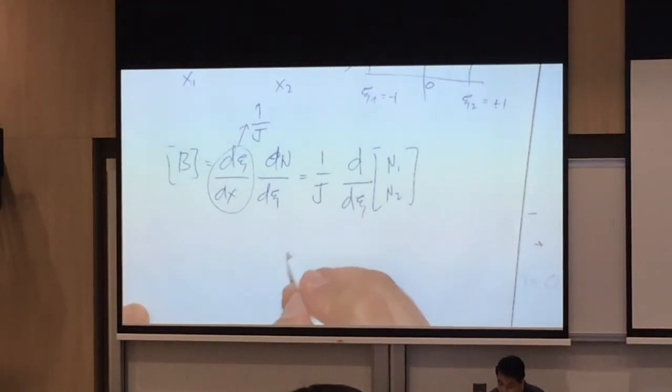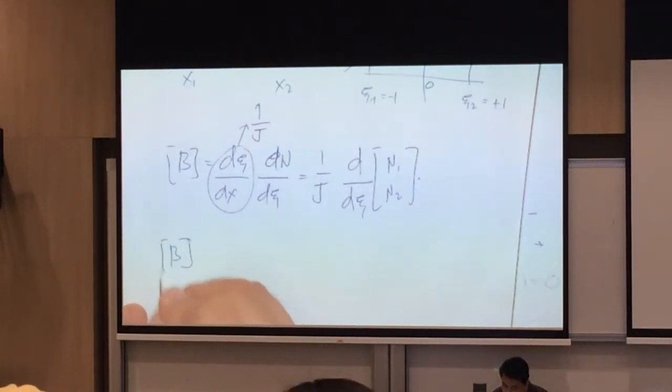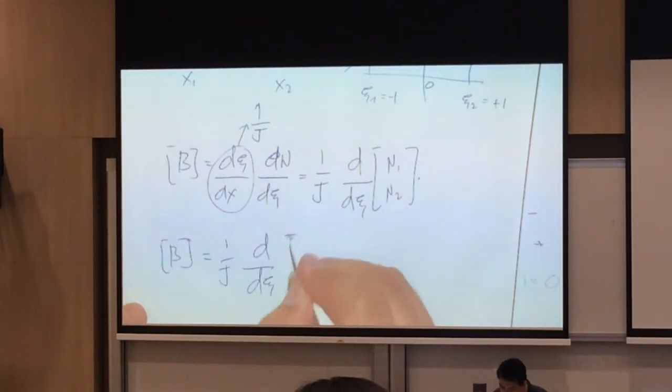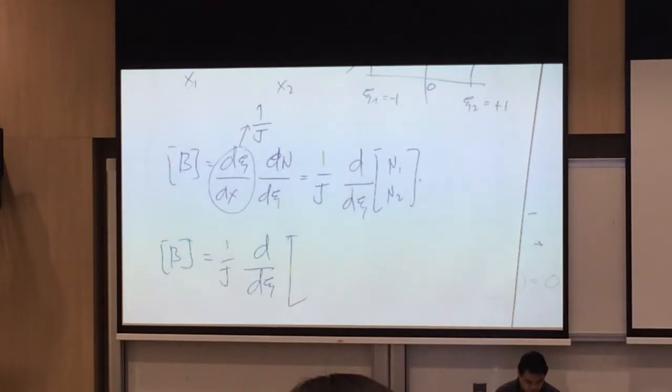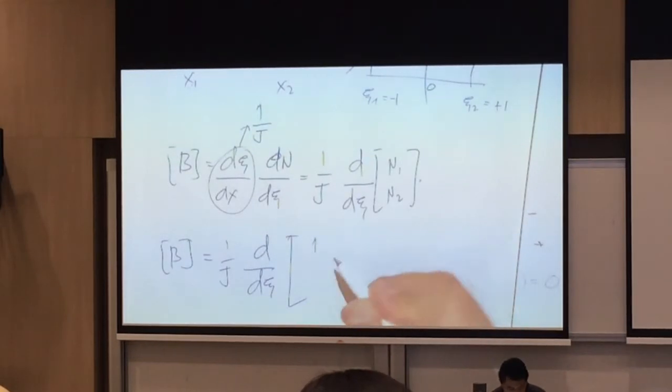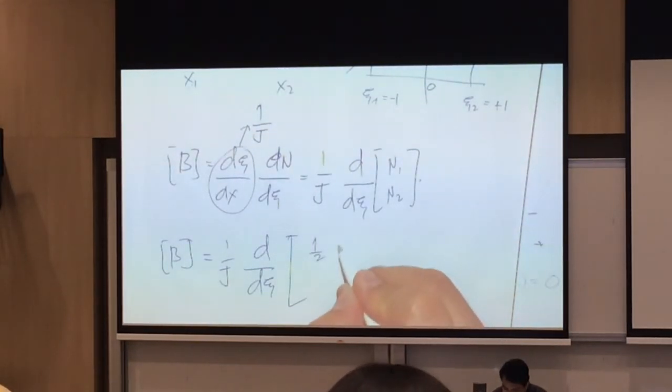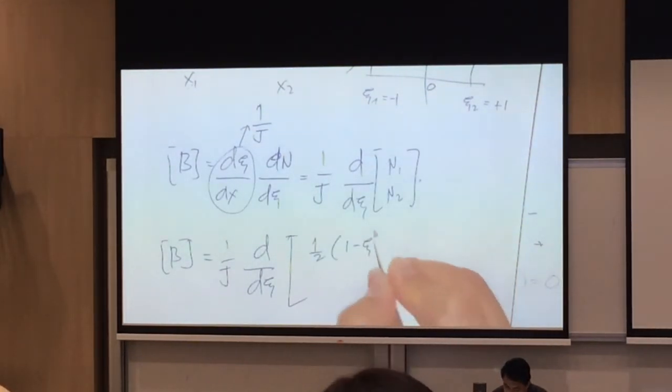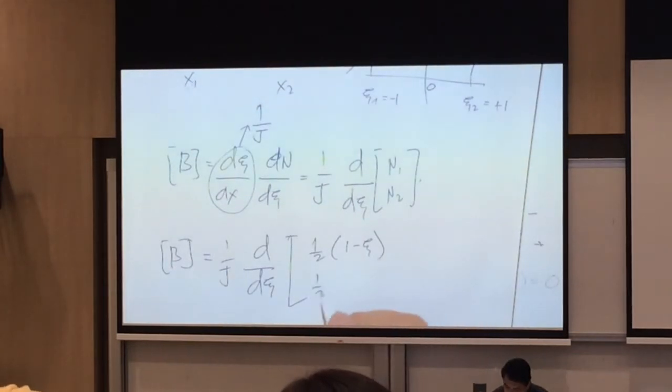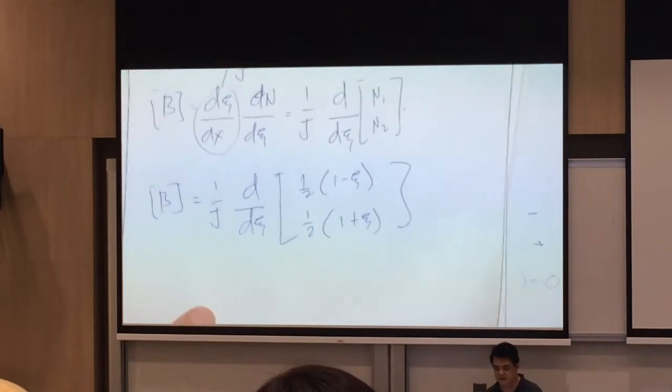And then I would like to move here further. Sorry for that. Just put it here. 1 over j, d to c. What are my values? So I have dn1 is 1/2 1 minus the c. And then I have 1/2 1 plus the c.